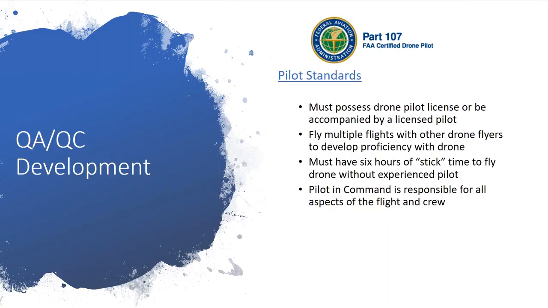So there's a lot of responsibility to this position. We don't take it lightly. And that's one of the things we want to make sure of through our documentation of our SOPs, which I think lends into our quality assurance of our flights, is making sure that everybody understands this is how you fly, you follow these procedures, and if anything goes wrong, you've got everything documented so you can demonstrate that you followed your procedures.